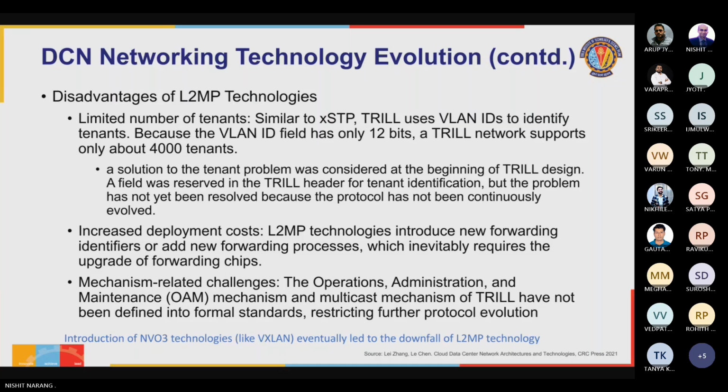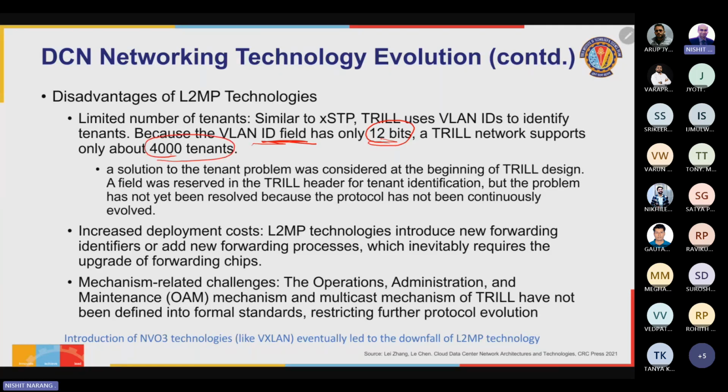But it's limited to 4,000 tenants only because VLAN ID is only a 12-bit field. And in VLAN, we use the VLAN ID to distinguish between the different virtual networks. So I'm limited by that field and the number of bits it has. And therefore, any data center network that uses the Trill protocol and wishes to support a lot of tenants is still limited by 4,000 tenants.